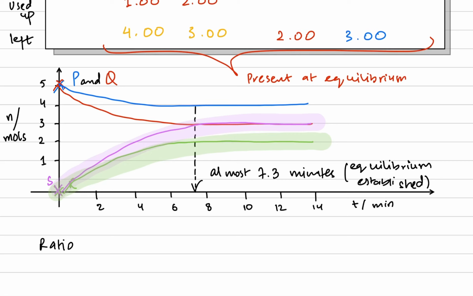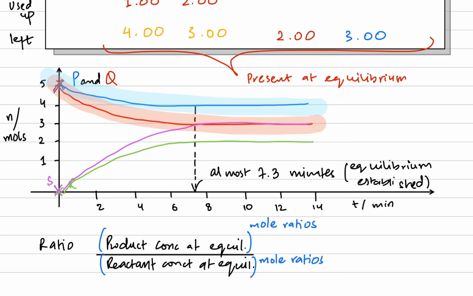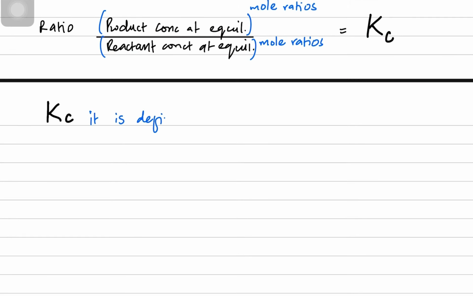Now, we are concerned with a ratio of the product concentration at equilibrium divided by the reactant concentration at equilibrium, both raised to the power of their mole ratios. That is called Kc. It's a constant. Let's define Kc.